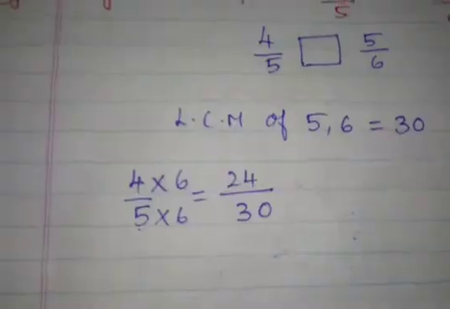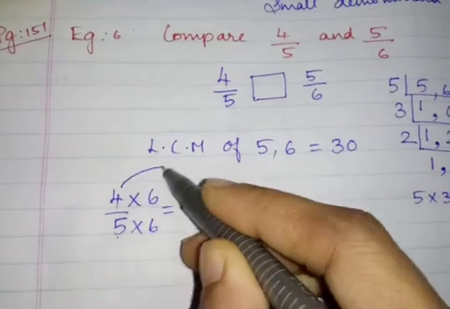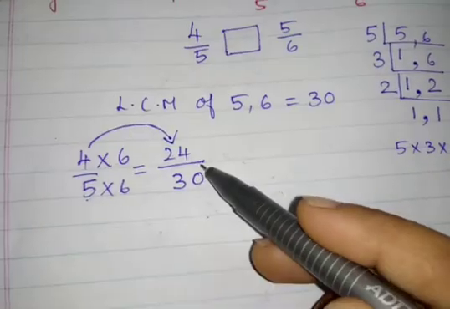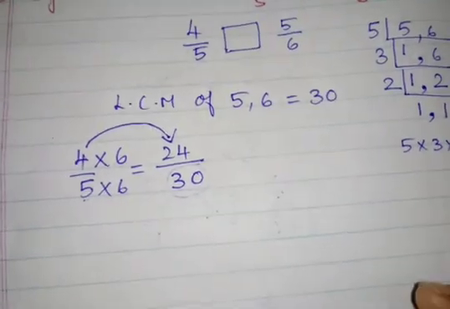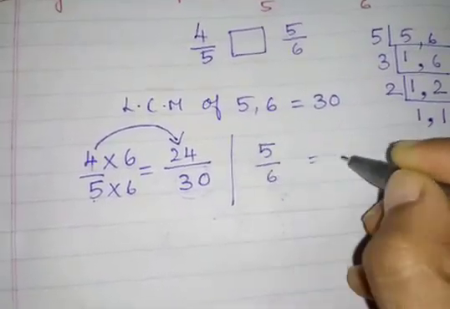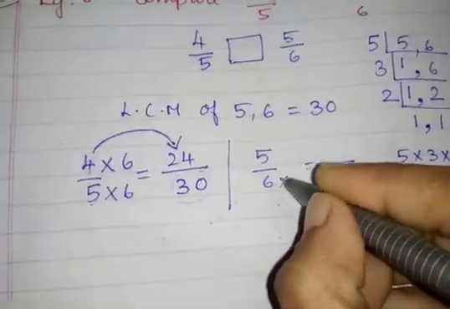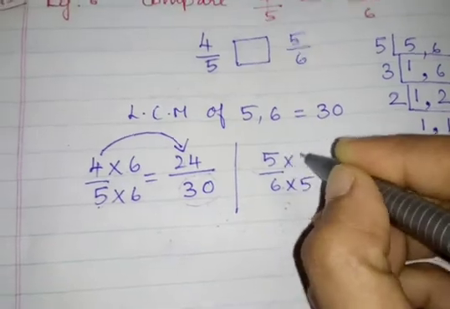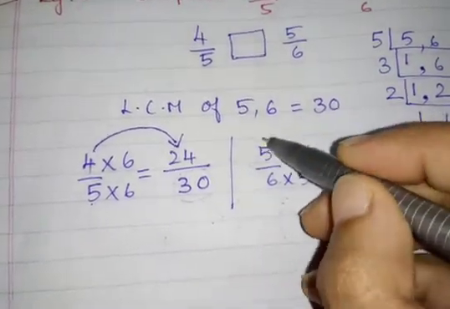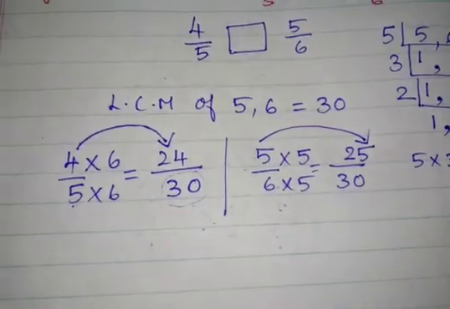Now I have converted 4 by 5 to 24 by 30, so the denominator is 30. Next, 5 by 6. I want to make the denominator 30. 6 fives are 30, so 5 fives are 25. So 5 by 6 has been converted to 25 by 30.